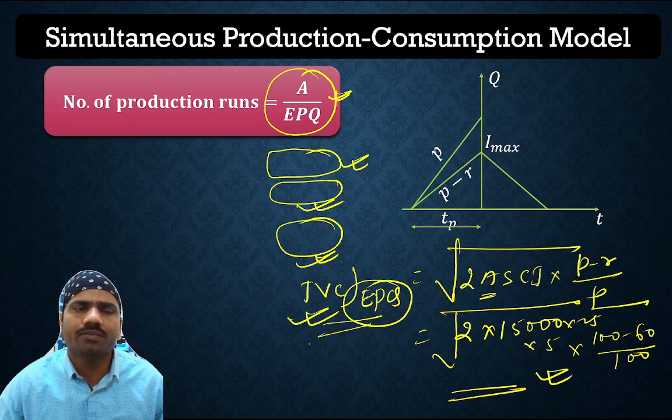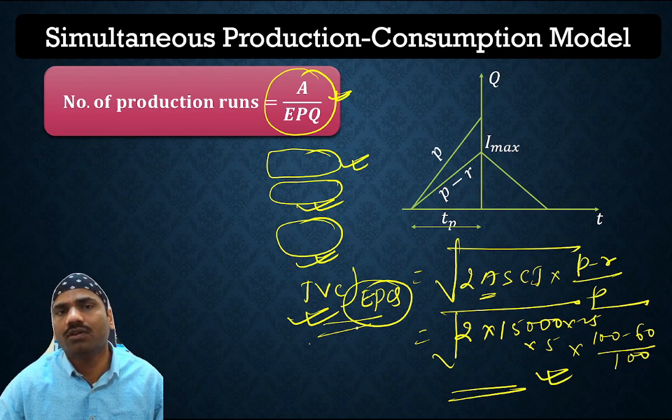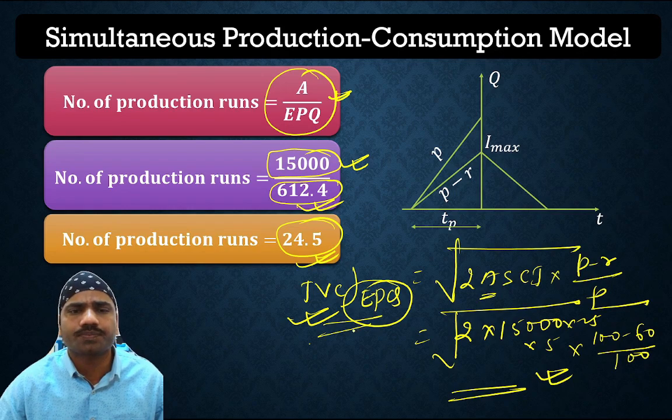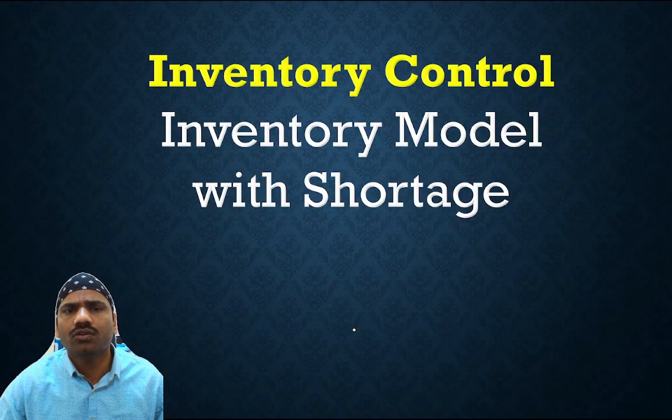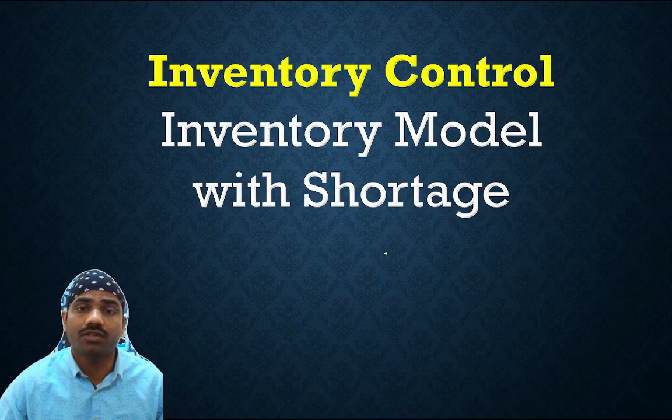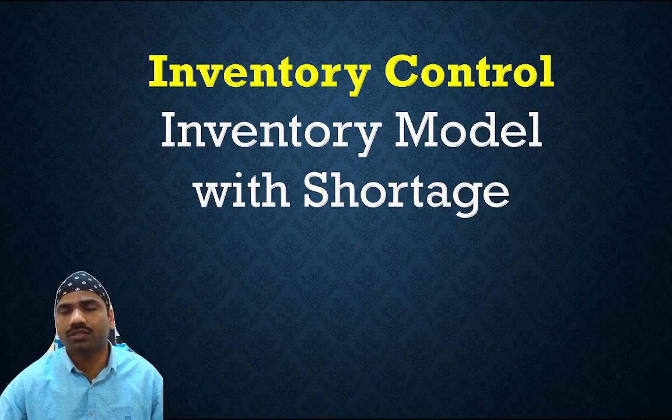So with this we have completed a few things about the production and consumption model. Next we will talk about inventory control, and in this case we will discuss another model, the inventory model with shortage.